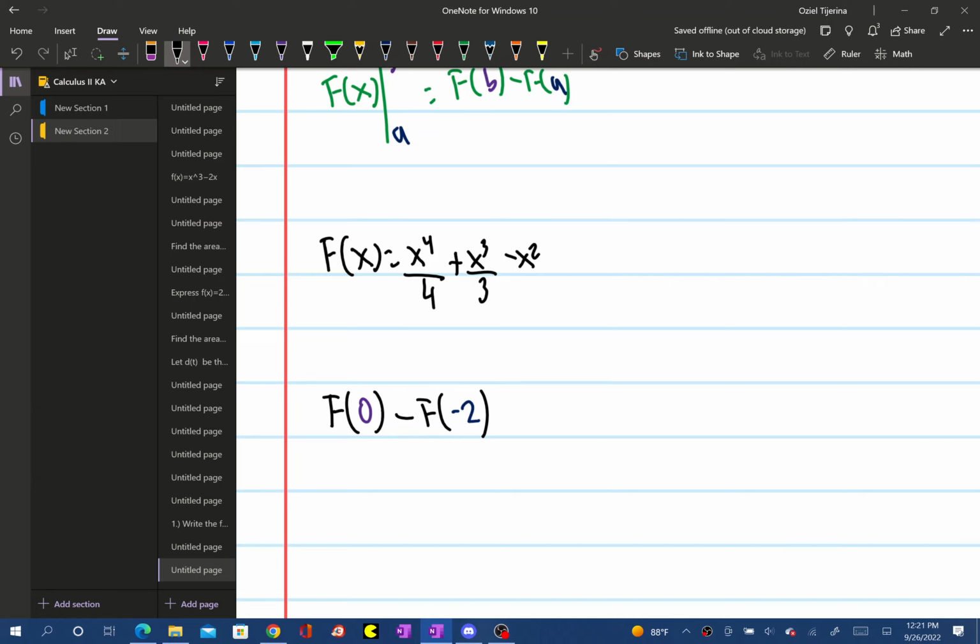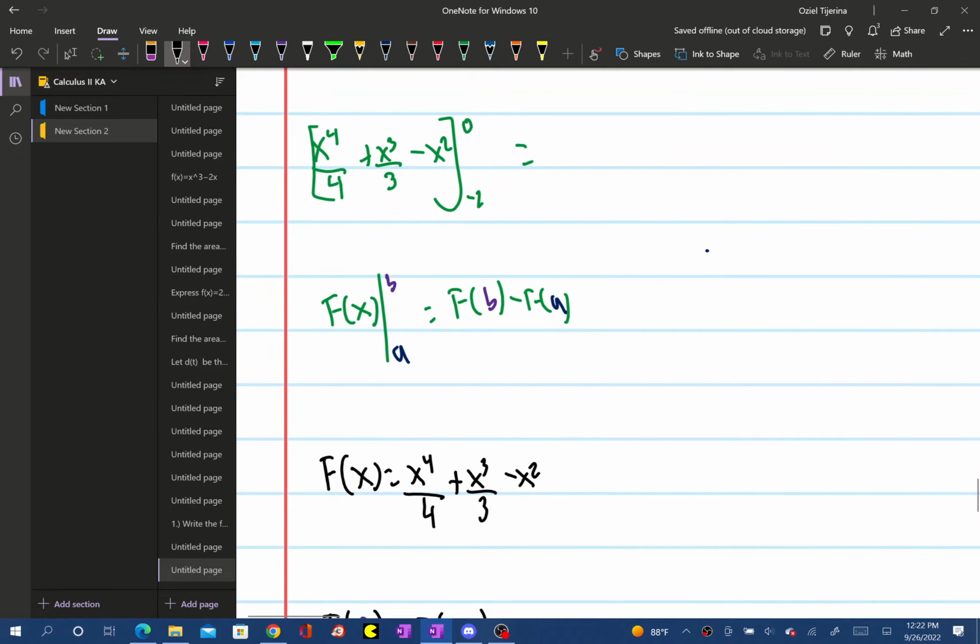So f of 0 is obviously 0; if you plug in 0 for x, you're going to get 0. You can verify that, but because they're all x, it's obviously 0. And then minus f of negative 2.